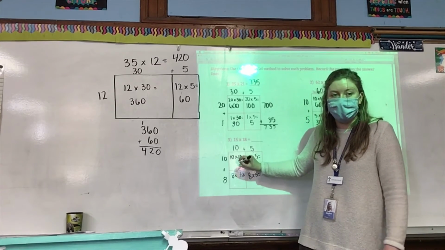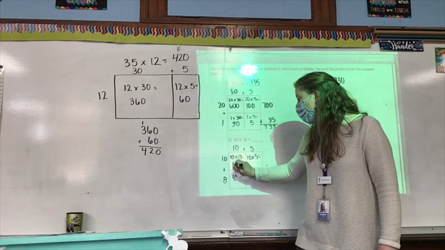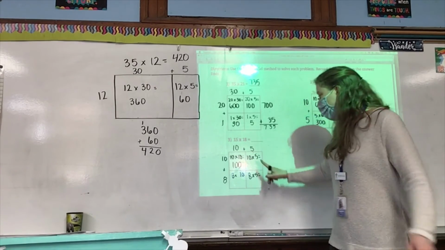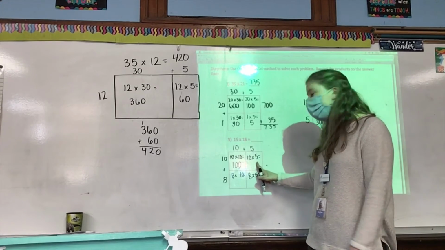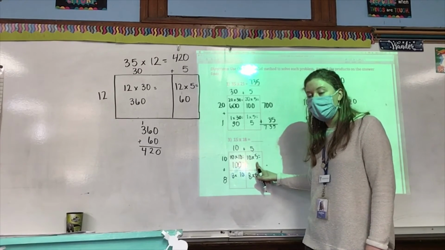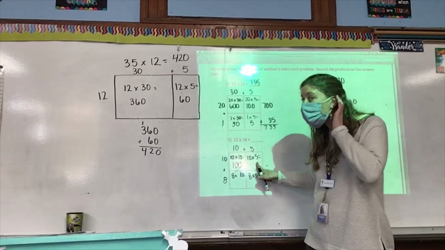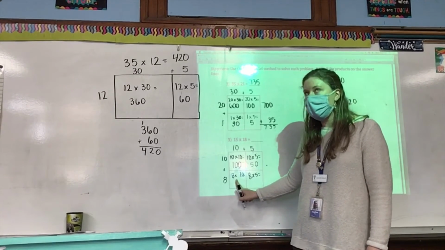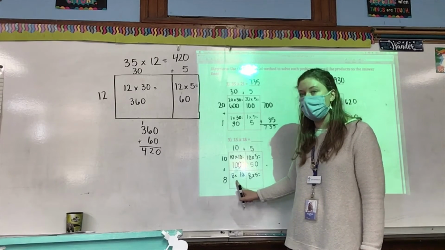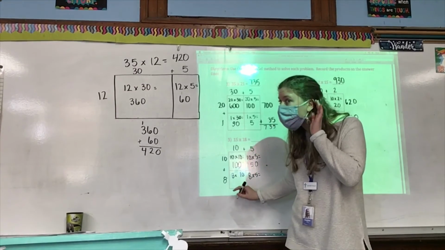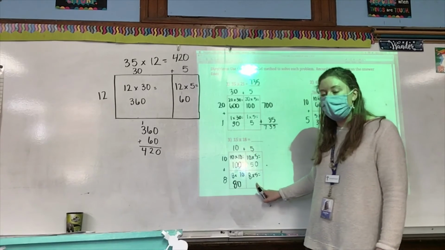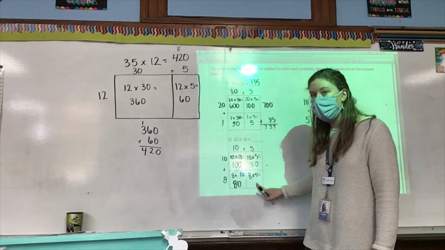Cullen, can you help her out? 100. 10 times 10 is 100. Ethan, using basic facts, 10 times 5 is what? 50. Using the bottom left, 8 times 10 is what? 80. And the bottom right, 8 times 5 is 40.